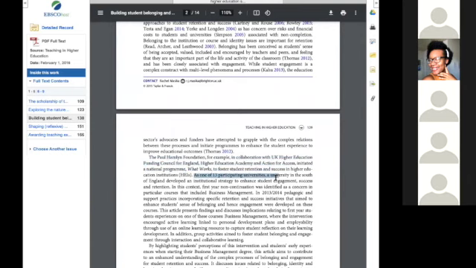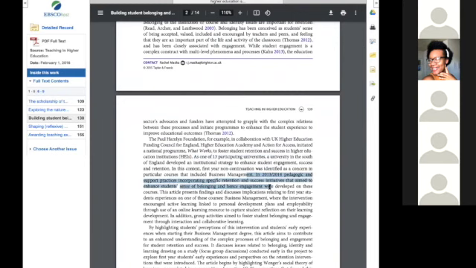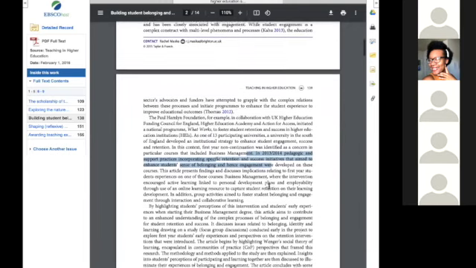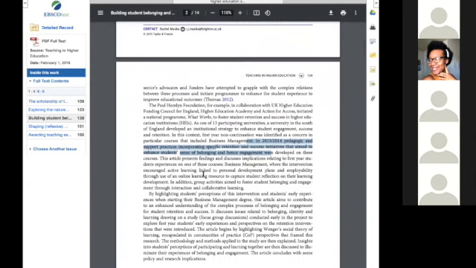"As one of 13 participating universities, practices incorporating specific retention and success initiatives that aim to enhance students' sense of belonging developed this article." See, it doesn't say exactly what those interventions are. So far, this is stuff I didn't actually have to read. But I'm hoping that it'll give me something to work with.